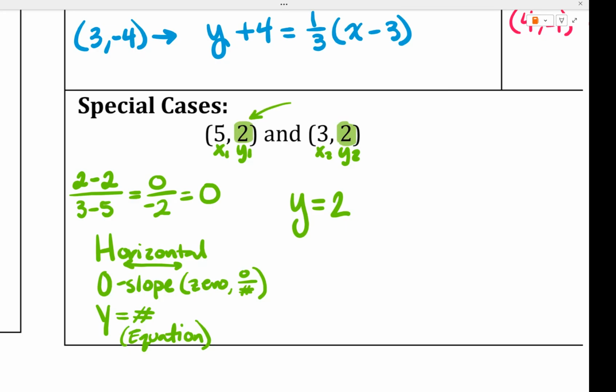So if you see that the two y values are the same, then you can determine that it's a horizontal line, and the equation should say y equals, and whatever that value for y is, whether that be 2 or some other number.